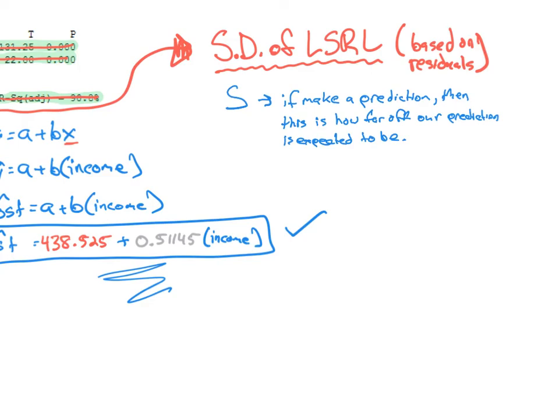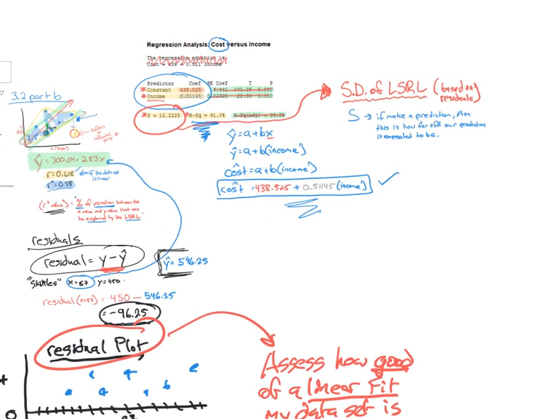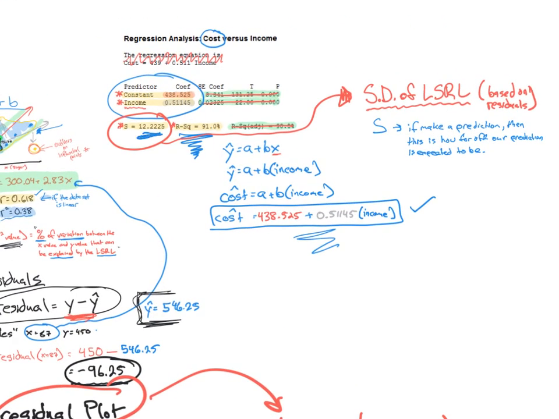Okay, so it's a standard deviation calculation. If we make a prediction, we can expect, here it is, 12.25. If I give you an income and you give me a predicted cost, I can expect that cost to be off by $12.22. Right? That's the expectation. Does it mean it's going to happen? No. That's expected though. So we just want to take that into account.